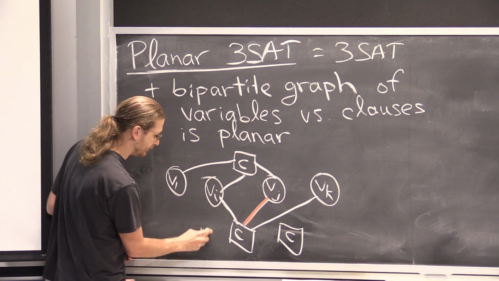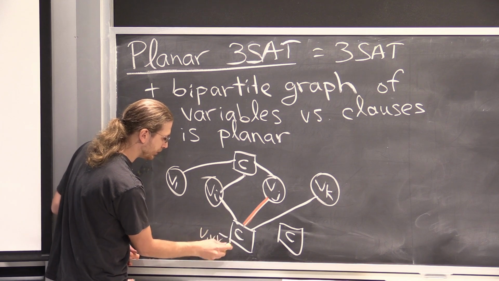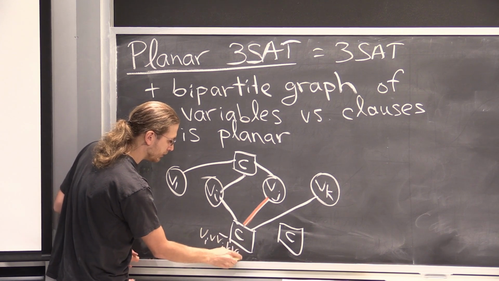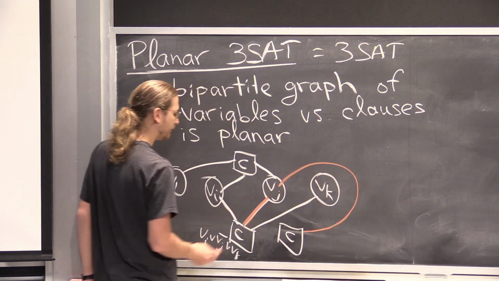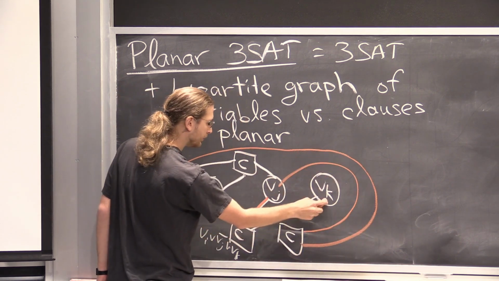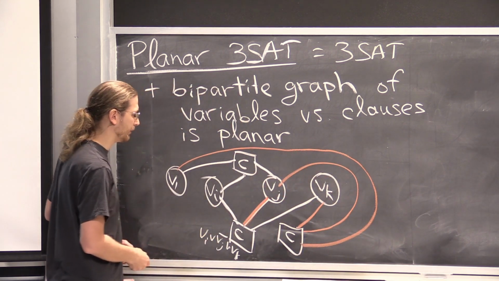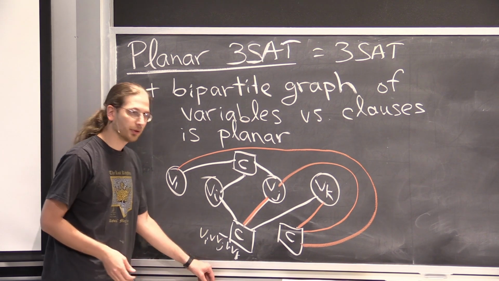So this clause is vi or vj bar or vk, and so on. And this graph should be planar, shouldn't have any crossings. Something like that would be a valid input to planar 3-SAT.